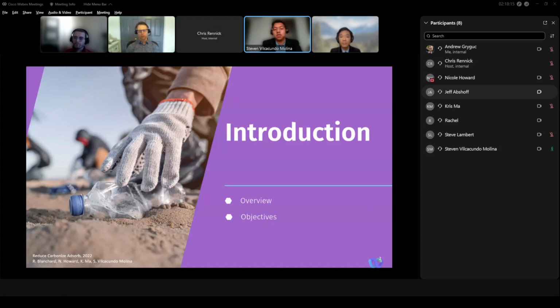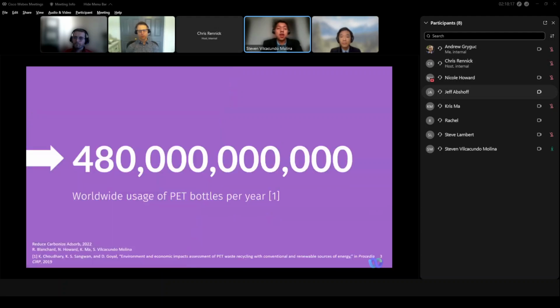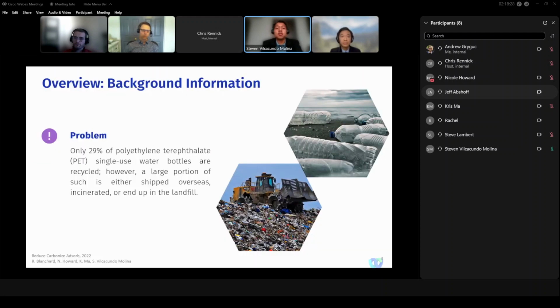So now moving on to the introduction, we will briefly discuss an overview of the project and also discuss some of its objectives. Did you know that around 480 billion bottles are used worldwide per year, but only 29% of this is actually recycled? And a large portion of that is either shipped overseas, incinerated, or ends up in the landfill.